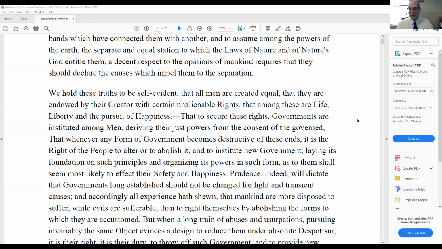That to secure these rights, governments are instituted among men, deriving their just powers from the consent of the governed. That whenever any form of government becomes destructive of these ends, it is the right of the people to alter or to abolish it, and to institute new government, laying its foundation on such principles, and organizing its powers in such form as to them shall seem most likely to affect their safety and happiness.